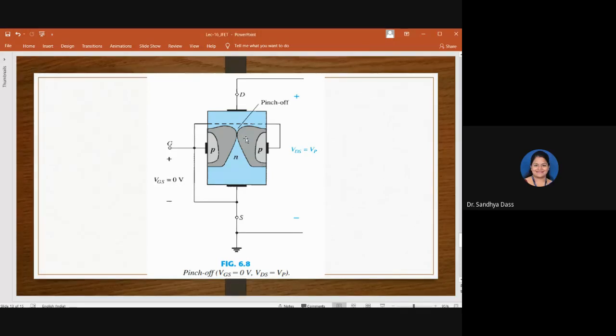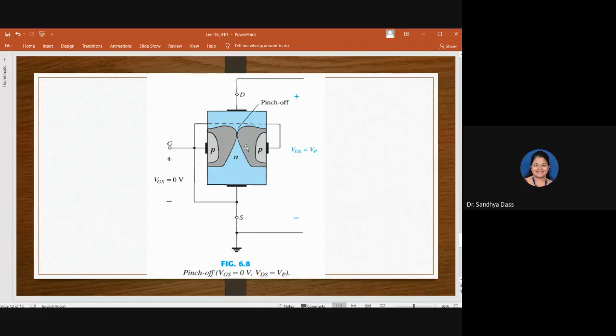Now, that's what I wanted to tell you here. There is a flow of current happening, the drain current, and as we vary VDS, the current flowing through is getting affected because of the varying resistance here.